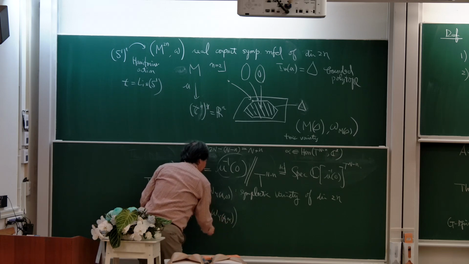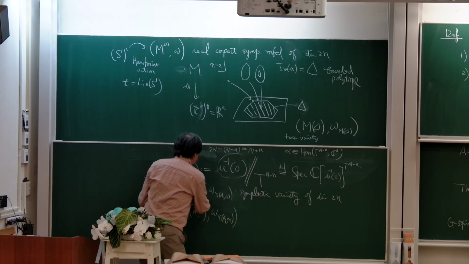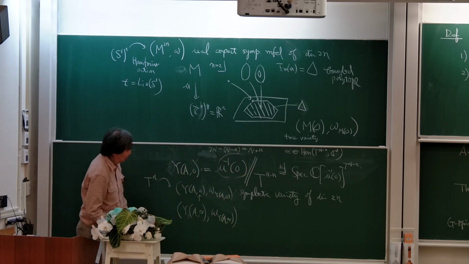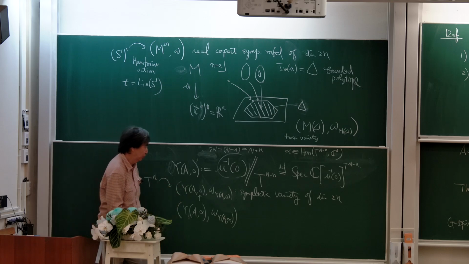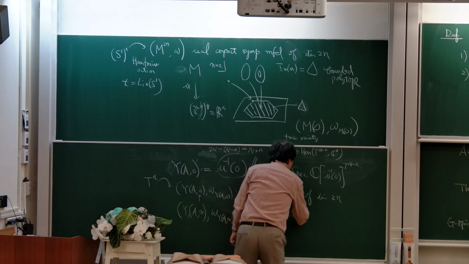And so, as I said, this is if alpha is generic. This is a partial Clipant resolution, and this is a symplectic variety with quotient singularities.